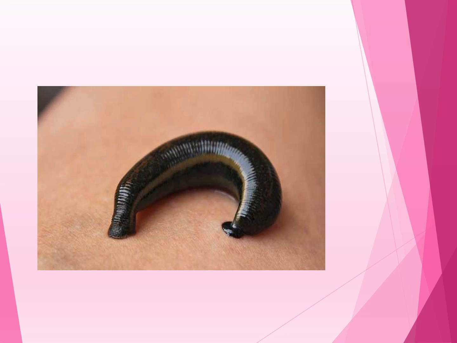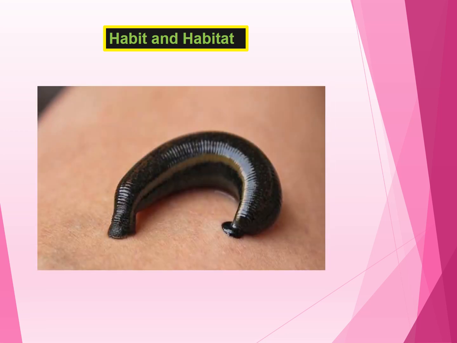Habit and habitat in leech. Habit is the character, habitat is the environment. Hirudinaria granulosa, the Indian cattle leech, is found in India, Bangladesh, Pakistan, Myanmar and Sri Lanka. It lives in freshwater, ponds, lakes, swamps and slow streams. They are ectoparasites.